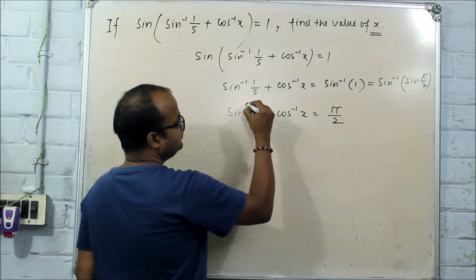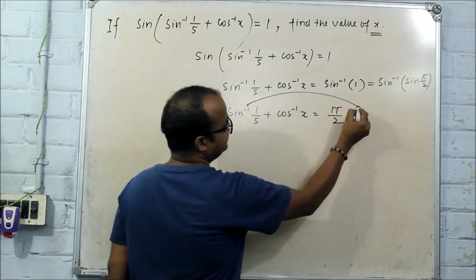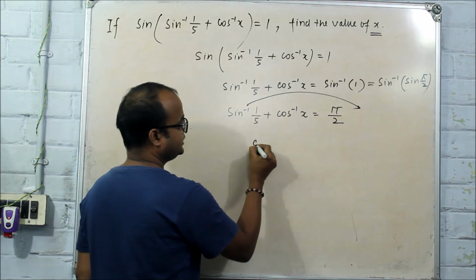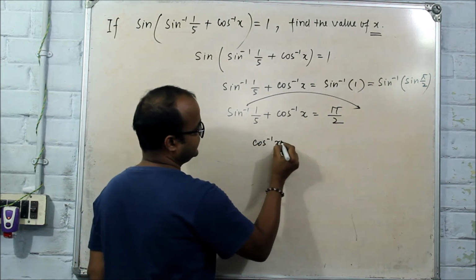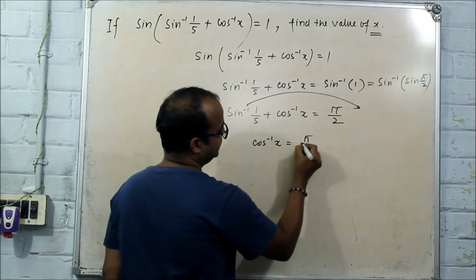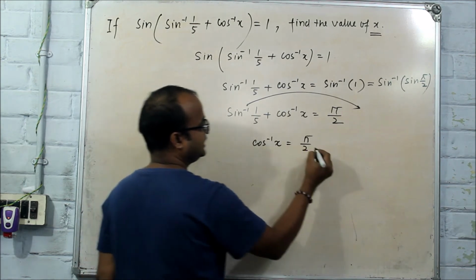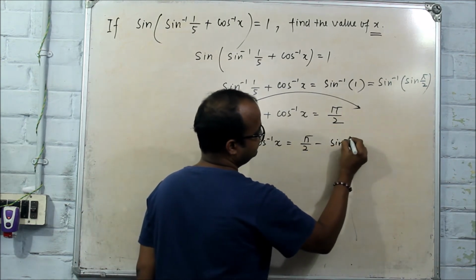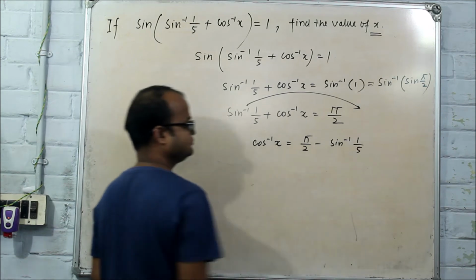Now we'll take this sine inverse 1/5 to the other side. So we'll get cos inverse of x is equal to pi by 2 minus sine inverse of 1/5.